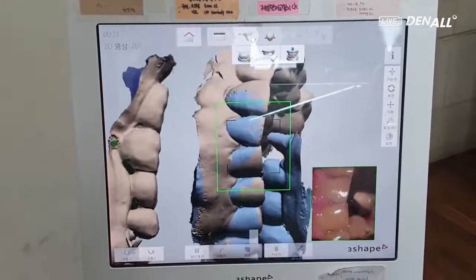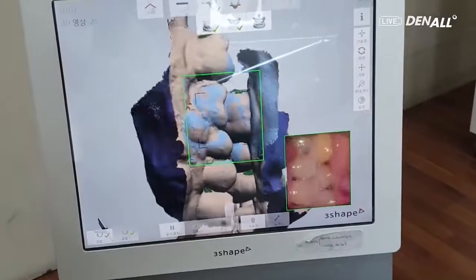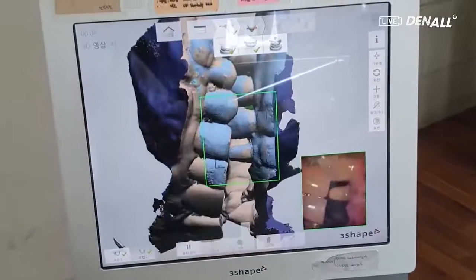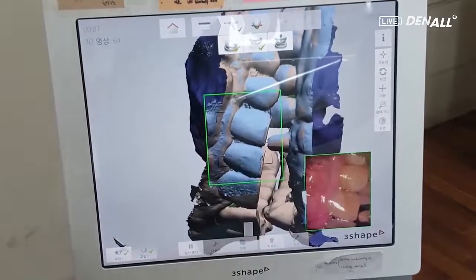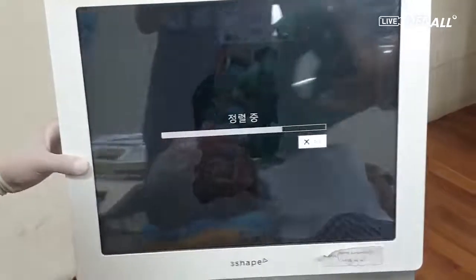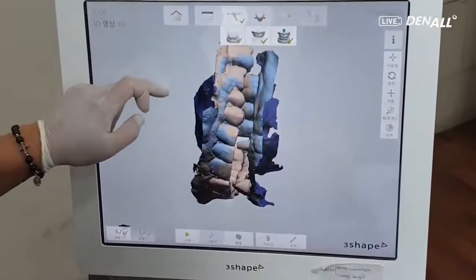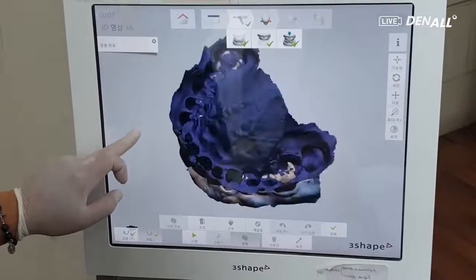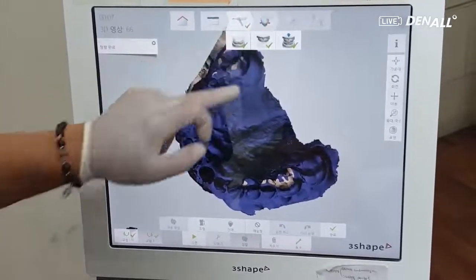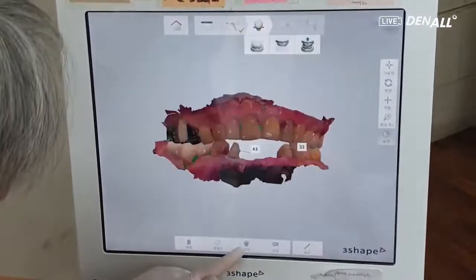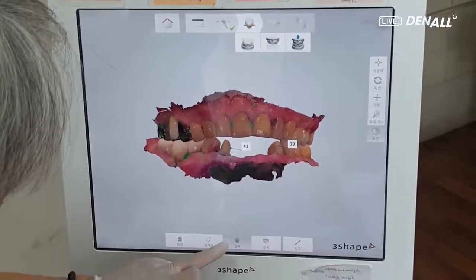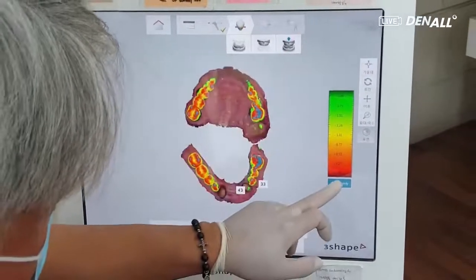Now we are using a scanner to do so. This is a full arch case. In the case of Trios 3, bilateral bite registration has been made and a process of adjusting the occlusion is taken. The patient's digital model is made in the virtual world.